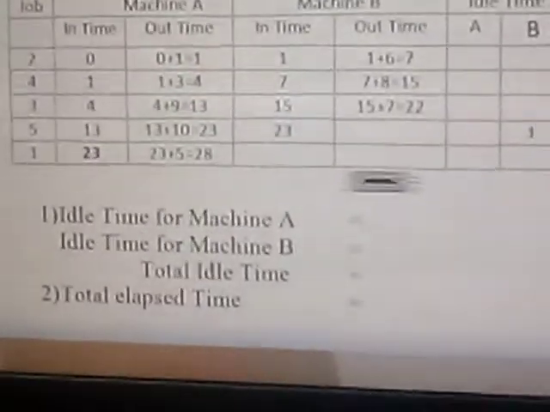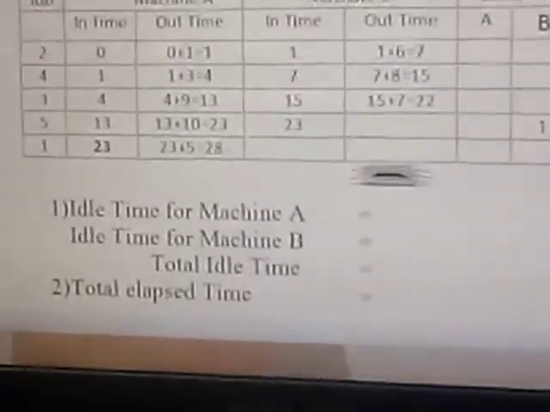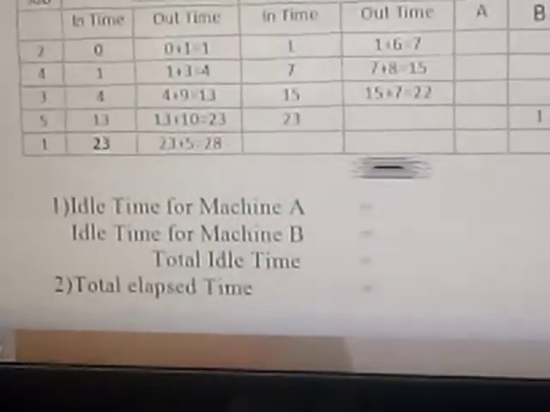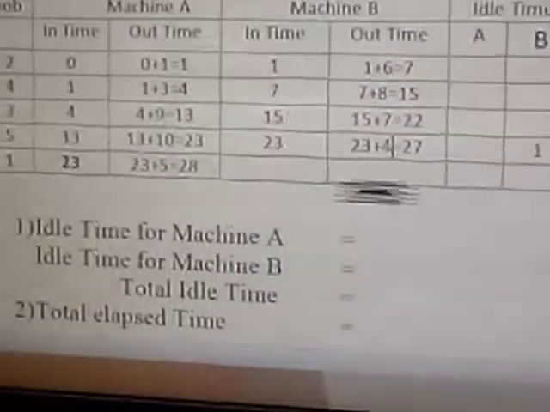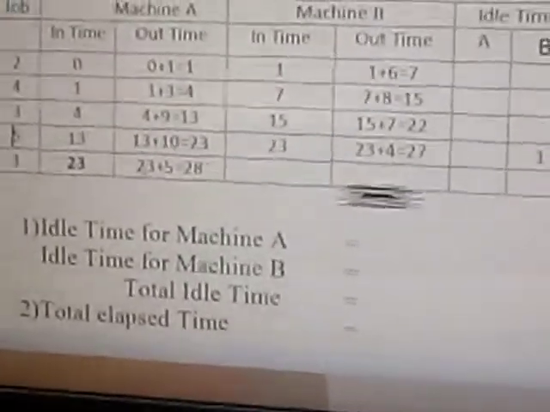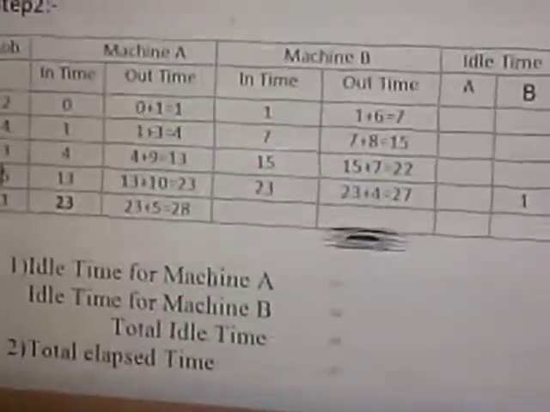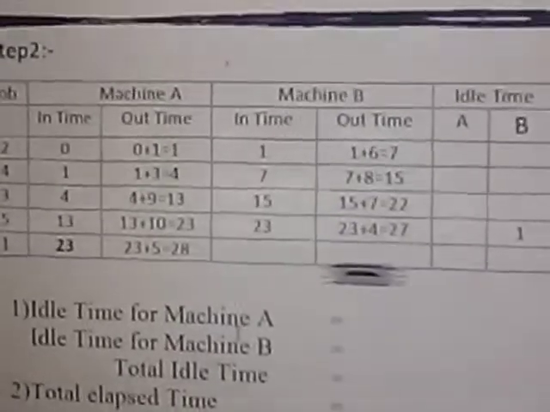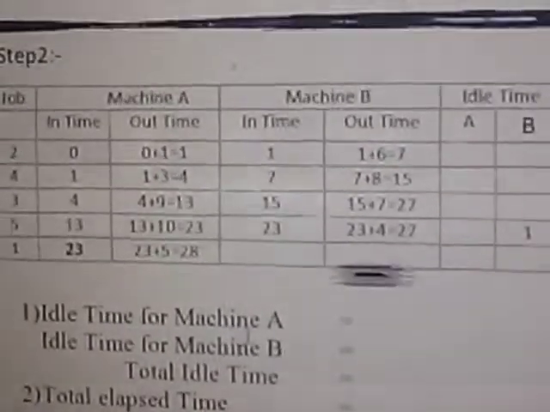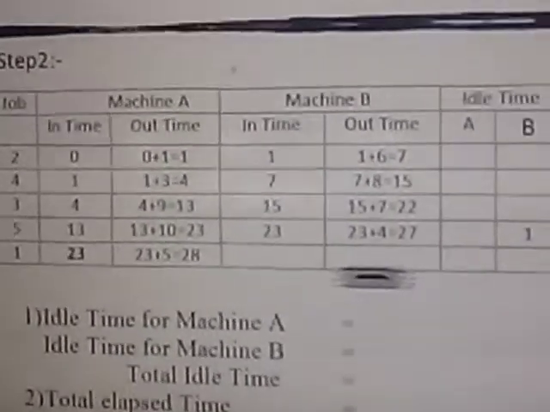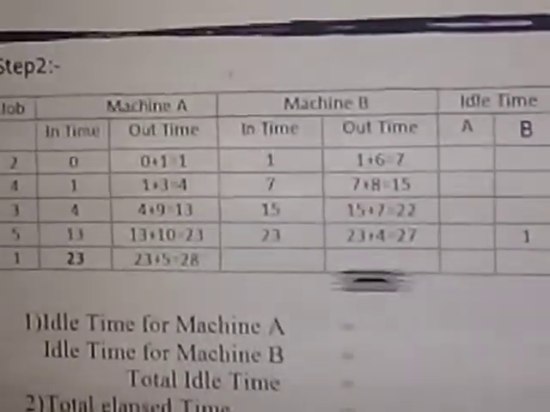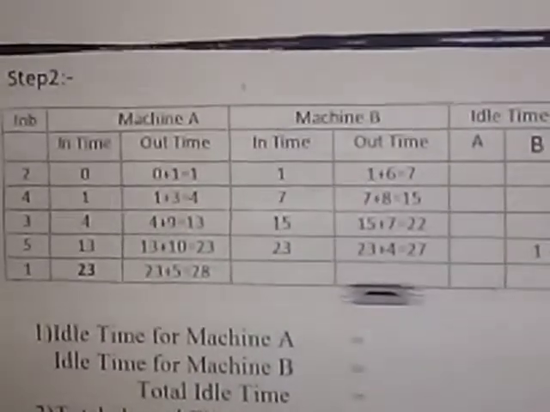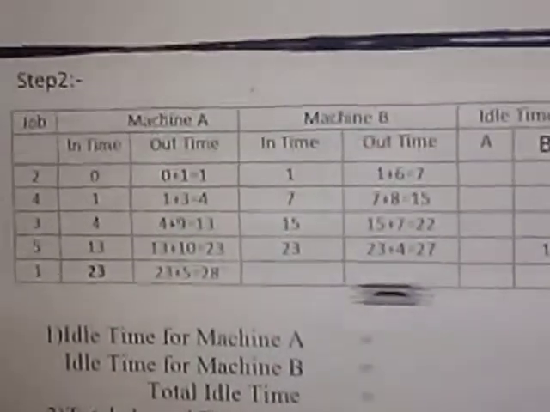Thereafter, machine A takes 28 hours to complete job 5. For job 5 the machine B value is 4, so 23 plus 4 equal to 27, but 27 is smaller than 28, so we write down 28.